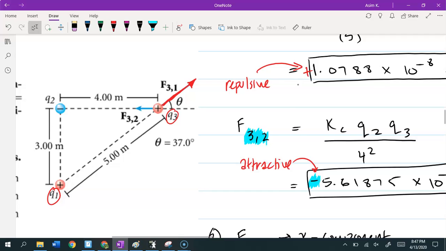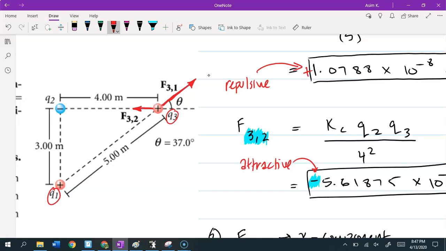And so the quickest route for it to get away, the most direct route, is it's going to want to go in that particular direction. So what we're seeing here is, in fact, there are two forces that are being exerted on this third charge.